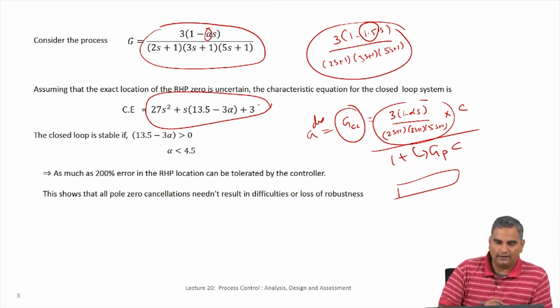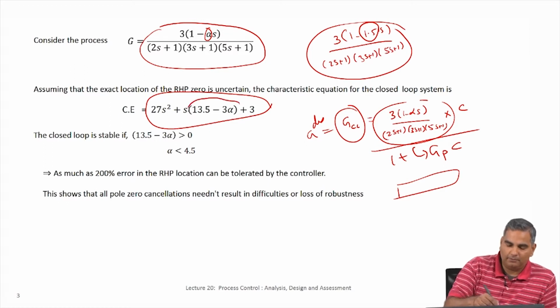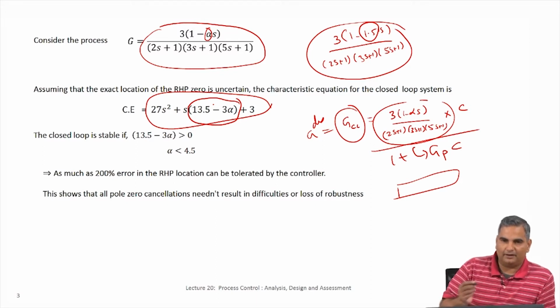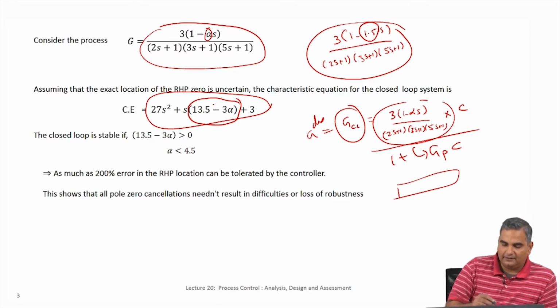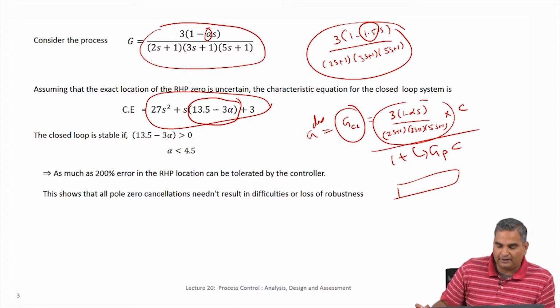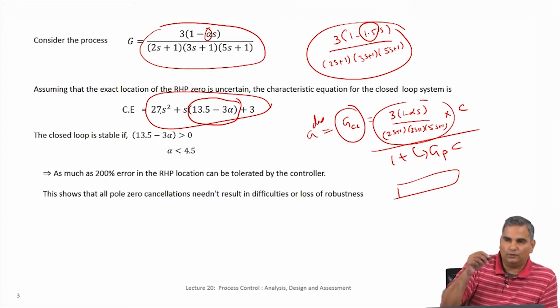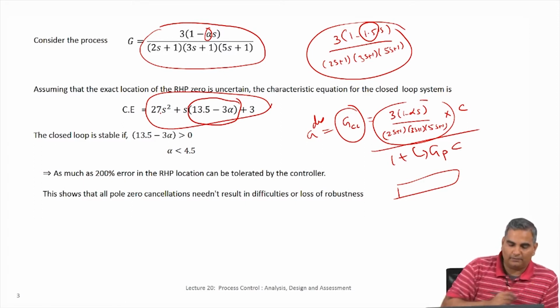Now, this is a quadratic, and you know the quadratic root you will have minus b plus or minus root of b squared minus 4ac by 2a, and if a is positive, this b term is the only thing that decides the location in terms of right half plane or left half plane, and in this case in fact if this 13.5 minus 3 alpha is greater than 0, then we can guarantee that all the roots of this quadratic are in the left half plane, because this will be positive, 27 is positive. So, b by 2a is positive. So, the roots will be minus b by 2a. So, that will be in the left half plane.